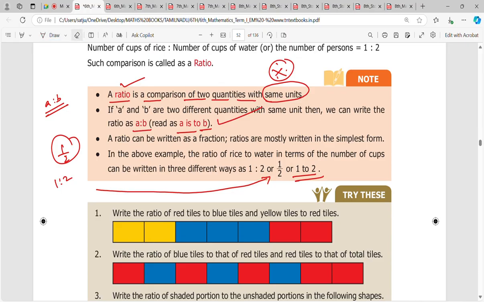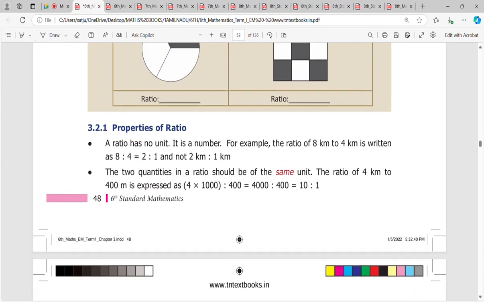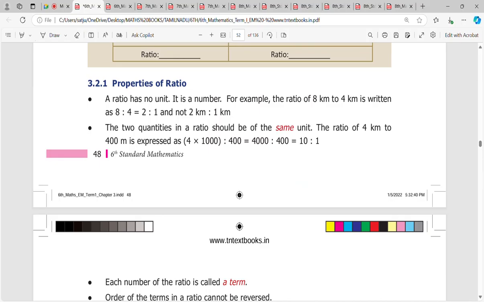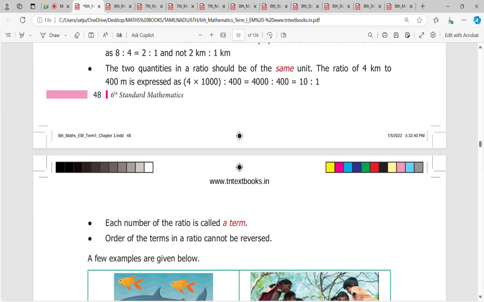Next thing is proportion. You need to know about the very basics. So what do you mean by proportion? It is related to two ratios. So that is nothing but the proportion. Before that, see an example here. Let me tell you. 4 kilometer here, 400 meter here. What are they doing?